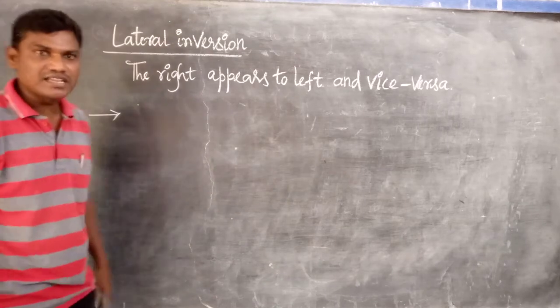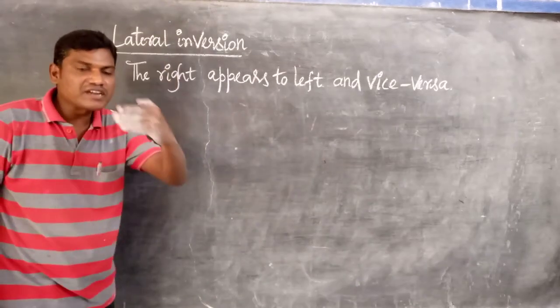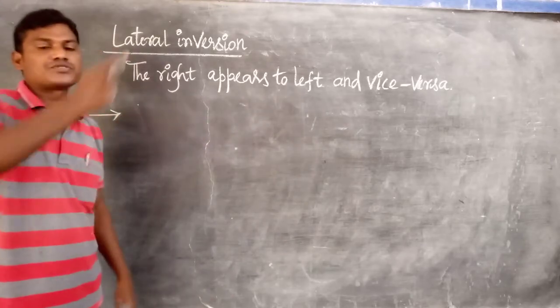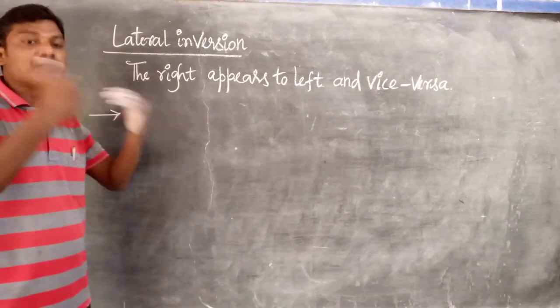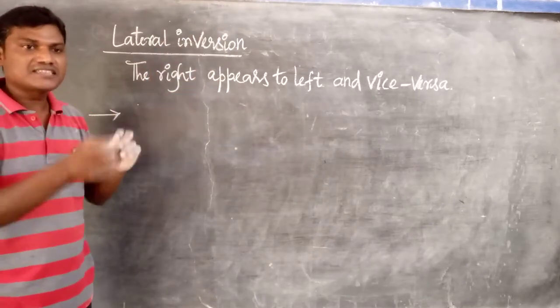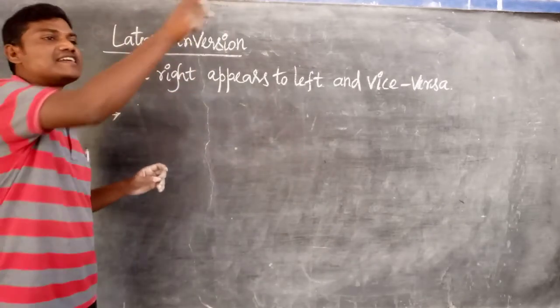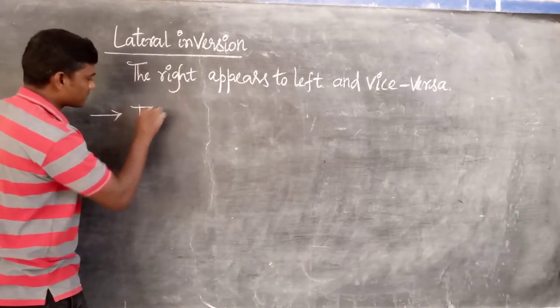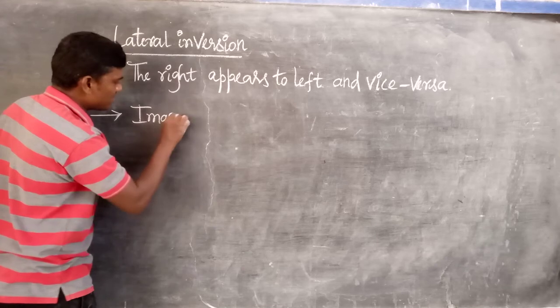The main reason is, when you stand in front of a plane mirror, why does right appear to left, left appear to right? Our image formed inside or behind the plane mirror is turned through 180 degrees in vertical mode.